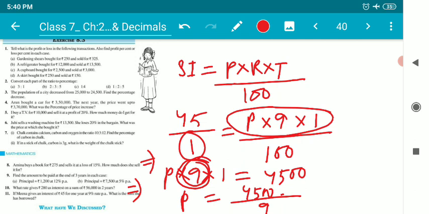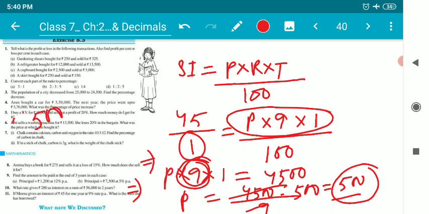So now 4500 will be cancelled with 9, it will be 500. So children, the principal I am getting is 500. So Meena took a loan of rupees 500, or the principal amount which she has borrowed from the bank is 500.